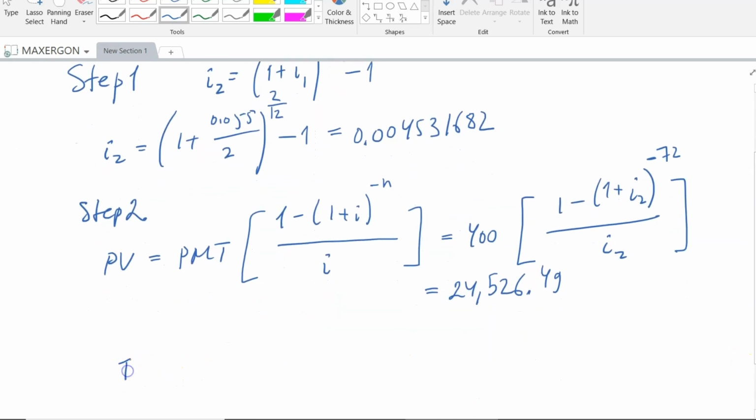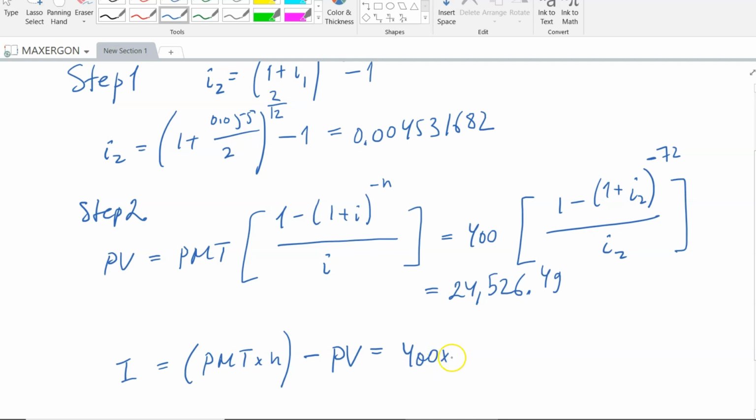Now we are ready to find the interest amount. Because interest is included in periodic payments, we need to find all periodic payments combined, so PMT times n, and then subtract from this amount the present value. Each payment is $400.